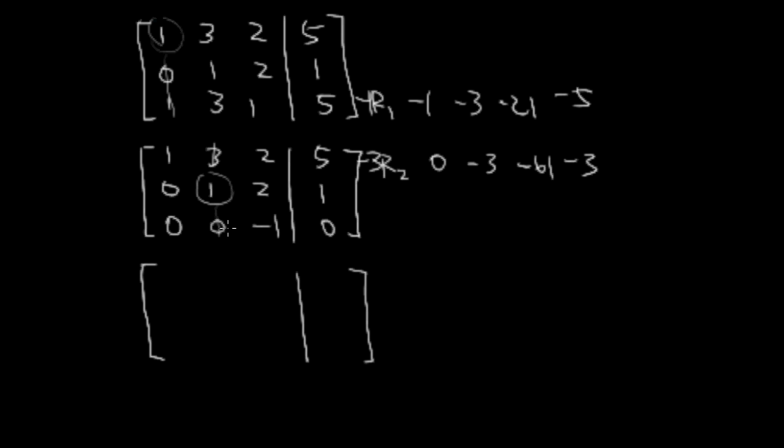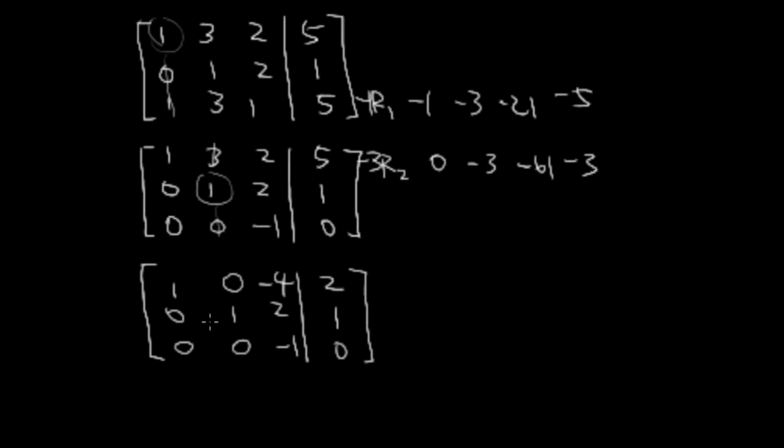Row 2 is the one we're trying to get a leading one for, so row 2 stay the same. Row 1 now become 1, 0, negative 4, and 2. Row 3 also stay the same because this is already a 0.